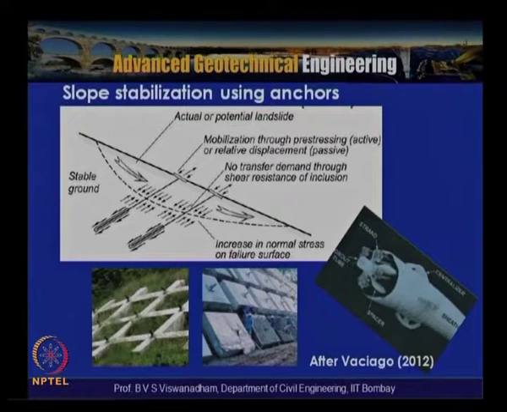So here in this particular slide a typical application is shown, and this is the sliding portion, resulting with the anchor which is in place, an active anchor, where you can see that the failure surface is subjected to a so called compressive force which makes the unstable portion feel like tied with stable ground.